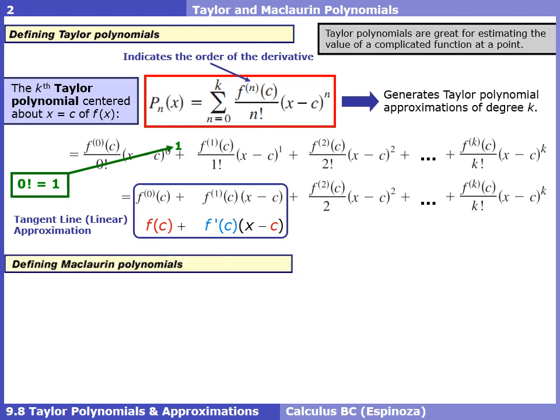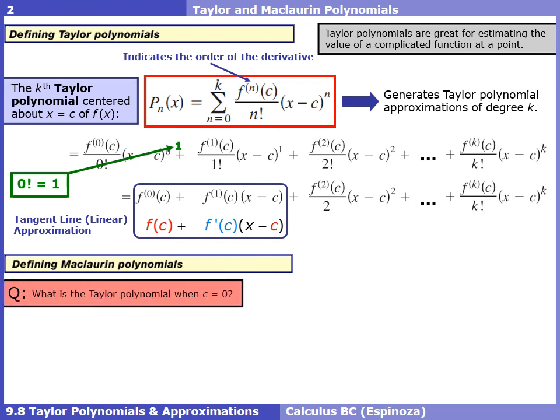There's one other thing we got to go over real quick here, and that is what is called a Maclaurin polynomial. Taylor was the mathematician who came up with this, and then another mathematician named Maclaurin came up with a little alteration to the Taylor polynomial, and that is when a Taylor polynomial when c is equal to 0. And really all that changes is we just plug in 0 for c, since that's the point that we're going to be centered about.